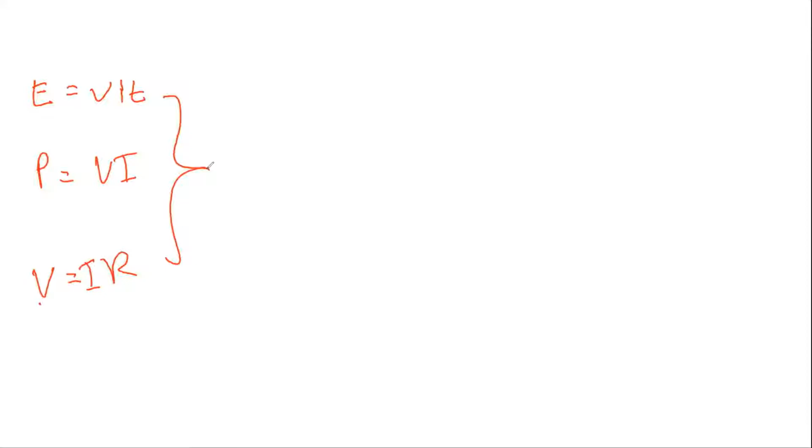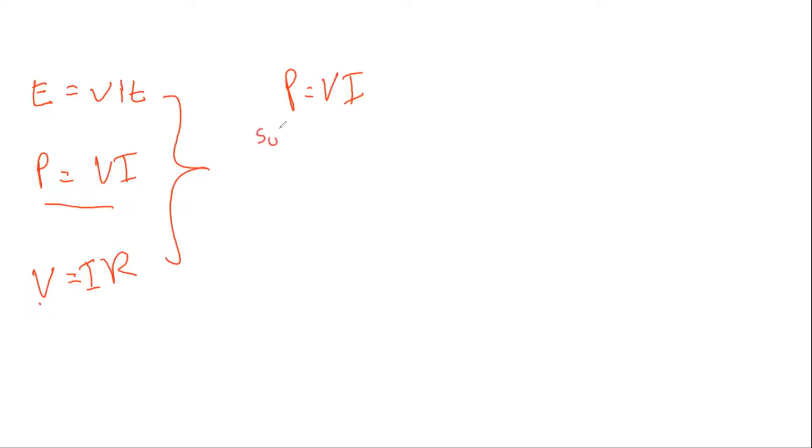First, I'm going to take this formula here, P equals VI. I already know that I can rearrange this formula for V or for I. Let's arrange it for V first. So if it's already arranged for V, I could replace this V up here.